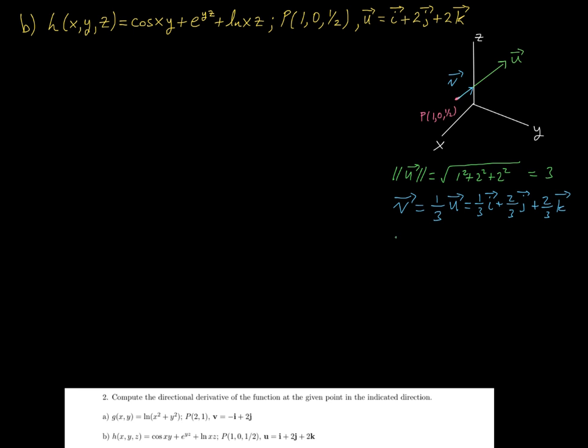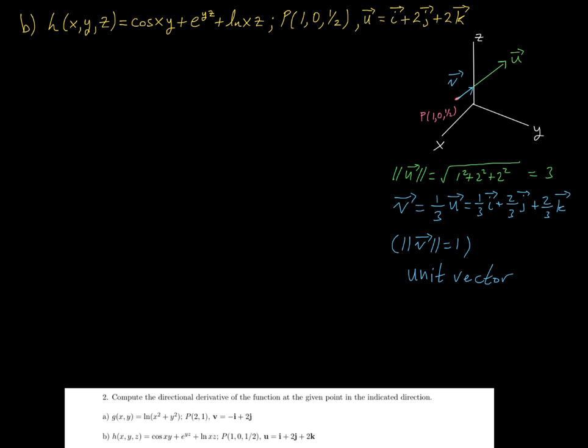Again, you can check that this is in fact a unit vector by looking at these components, or just think about what this statement is really saying. If the green vector has length 3, dividing the green vector by 3 is certainly going to give us something of length 1. So this thing now is our unit vector in the appropriate direction.